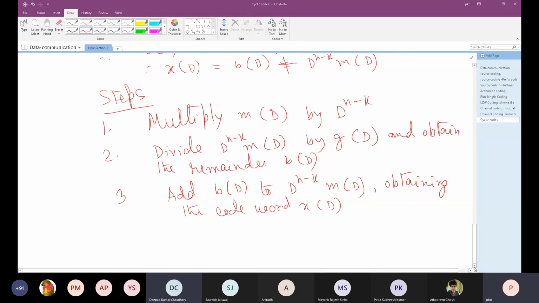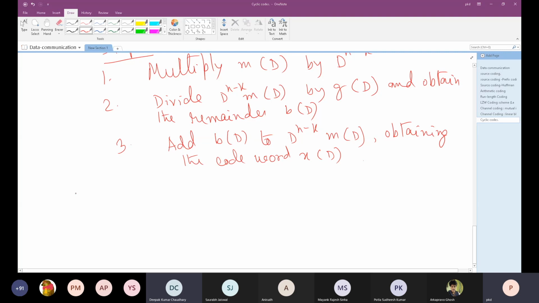Now, just like before, we have the parity check polynomial. That is H G transpose equal to 0.